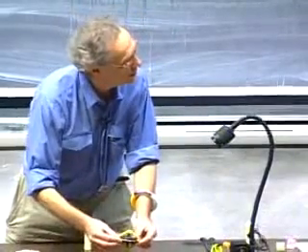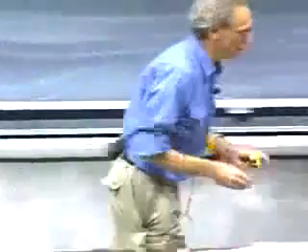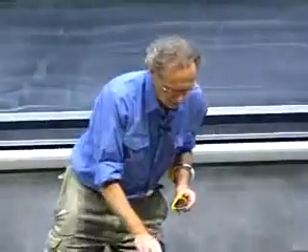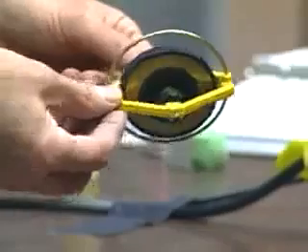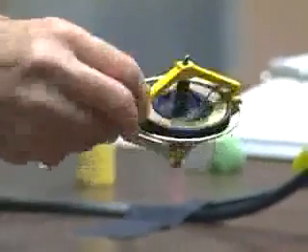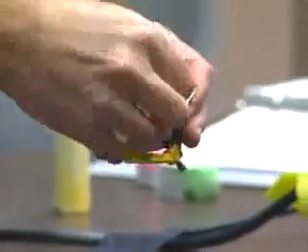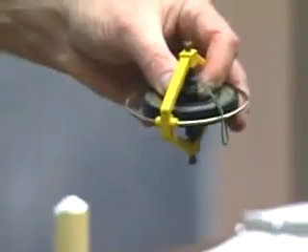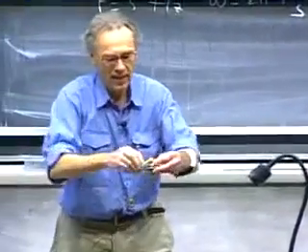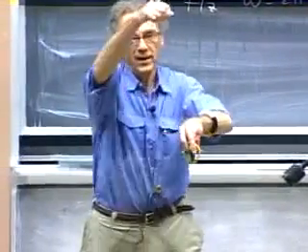Can you see it? Maybe I should make it a little darker here. Can you see my toy gyro? Yeah? I'm going to spin it, and then I'm going to hang it exactly the same way that that was hanging. I'm going to spin it for those who are sitting close, and then putting it horizontally and hanging it on a string.